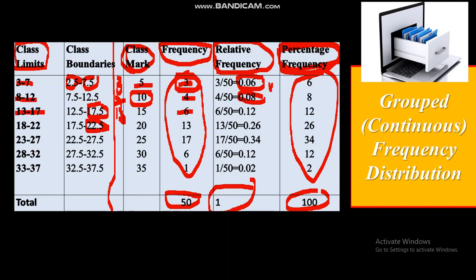The more than cumulative frequency determines the number of individuals greater than or more than the lower class boundaries. How many students scored greater than 2.5? All of the students scored greater than 2.5. In that way we can determine less than cumulative frequency and more than cumulative frequency.